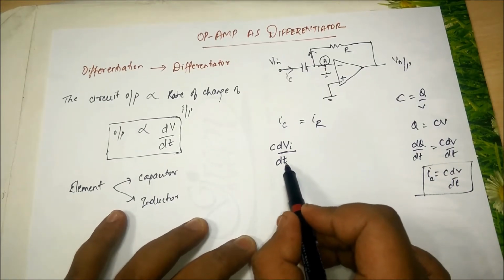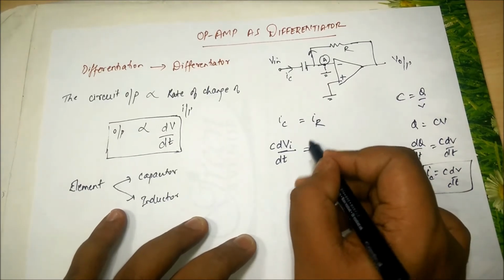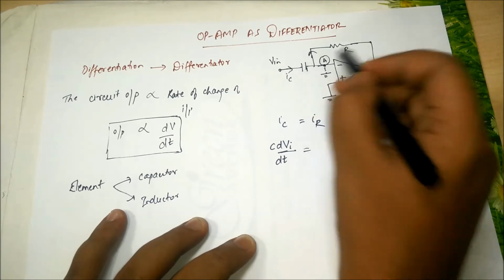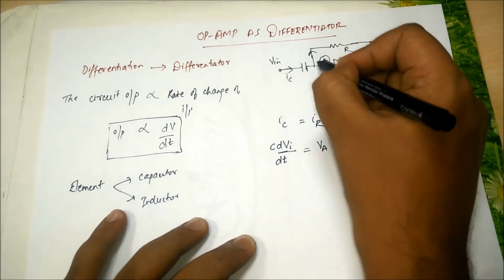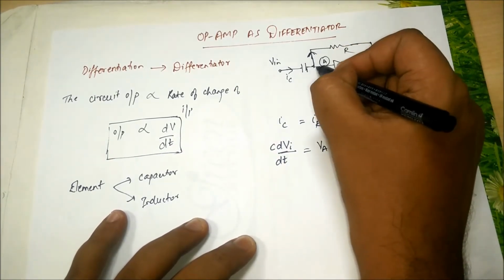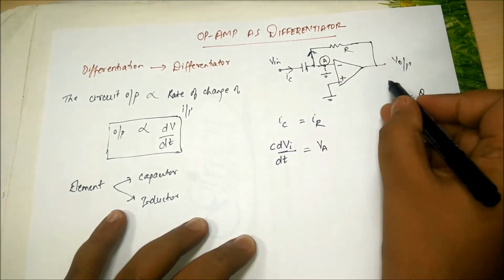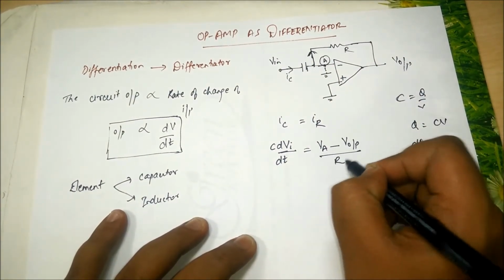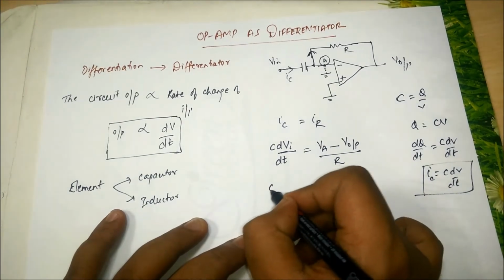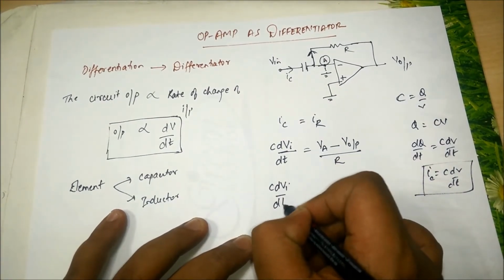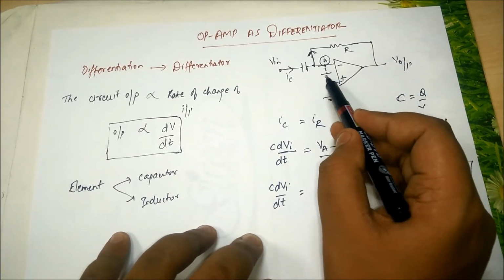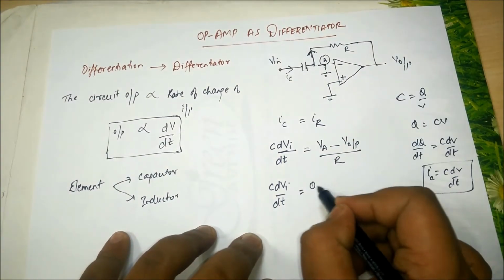The same current is flowing through the resistance R. So this is my node A. Since the current is flowing like this, it is going from high potential to low potential: (VA minus V output) upon R. So C dVi by dt equals that. What is VA? This is virtual ground. Ground means 0.